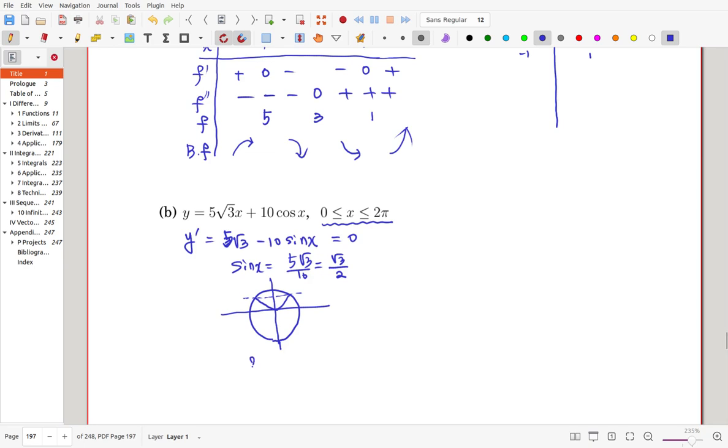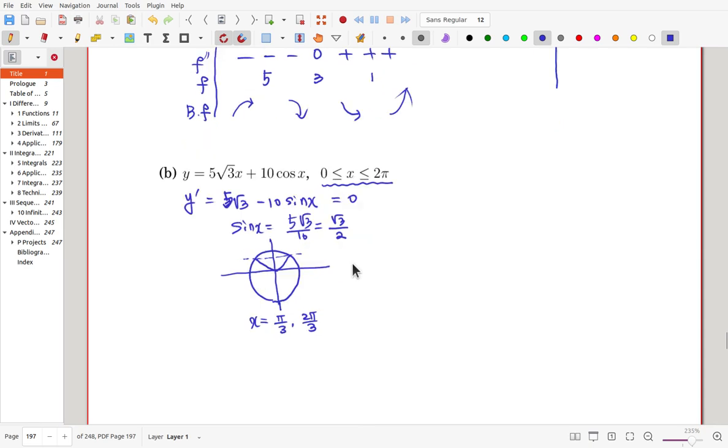So we have x equals pi over 3, and this one is 2 pi over 3. So we have 2 points where the derivative is 0.